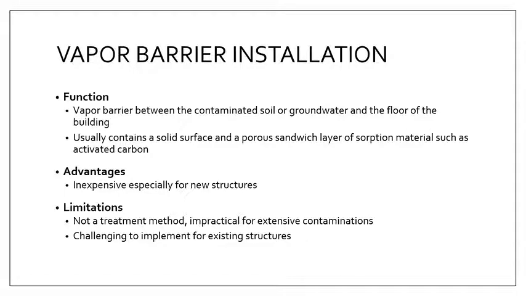Another method is the barrier installation method. This is actually not a mitigation method, but just a protection method, because you're not really removing the contaminants in any meaningful way.